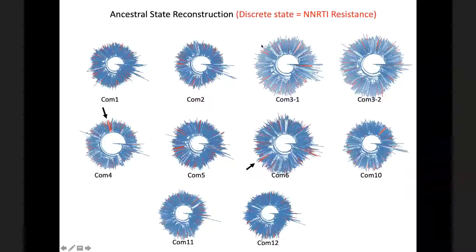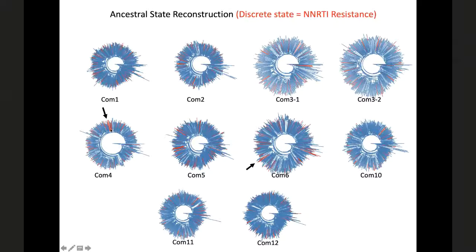This is just one other analysis where we've looked at the ancestral state, where the state that we're defining here is NNRTI resistance, just to see if there is evidence that drug-resistant strains are emerging within the communities within Popart.